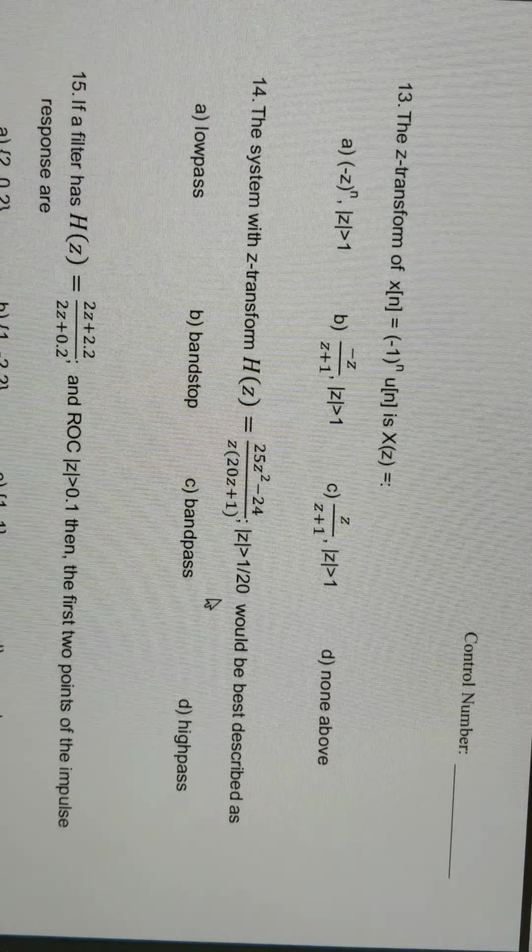Now, when you plot this on a unit circle, don't forget that the y-axis is your imaginary axis and the real axis is the x-axis.